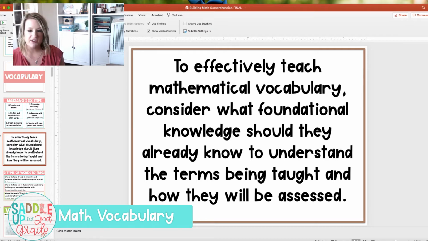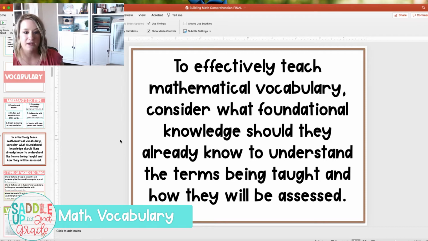So I'm going to go ahead and read this anyway. It says, to effectively teach mathematical vocabulary, consider what foundational knowledge they should already know to understand the terms being taught and how they will be assessed. This came directly from Marzano's website.